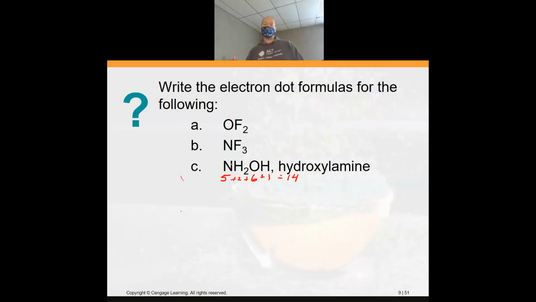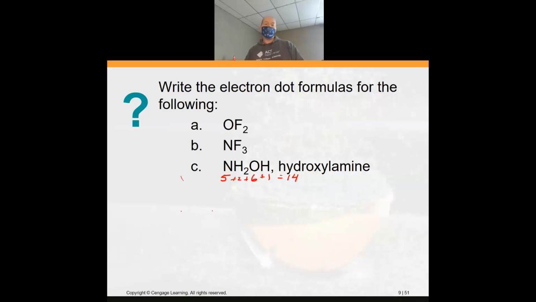When it is written this way, as NH2 and OH, that means that the N is bonded to 2 H's and this O, which is bonded to this H. It is not NH3O, it's not NOCH3.